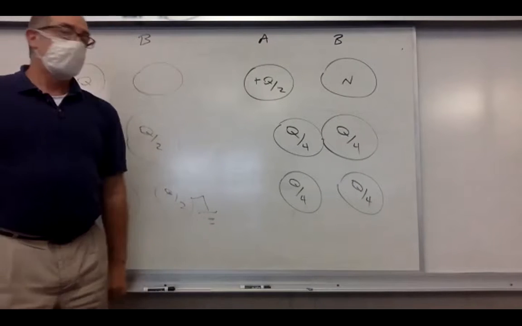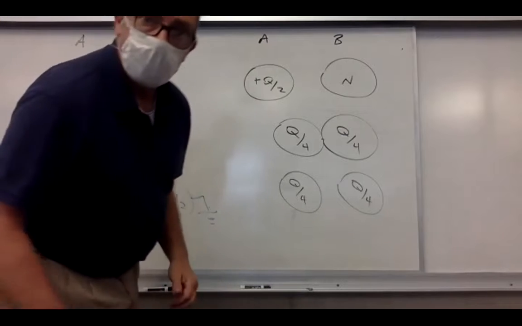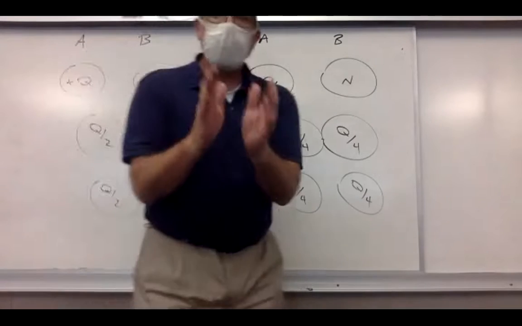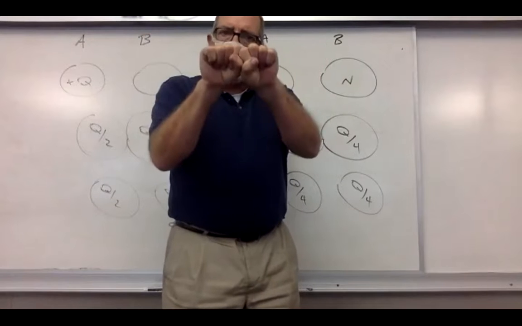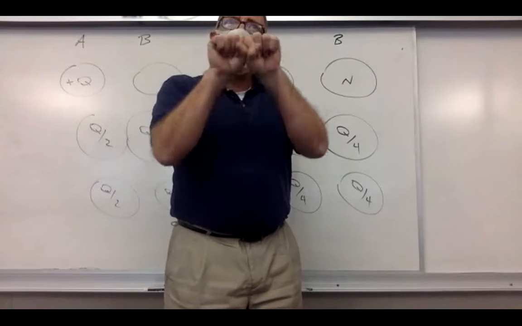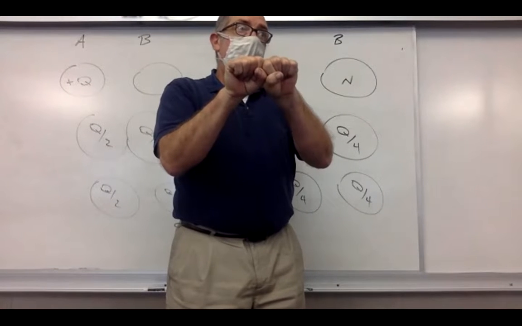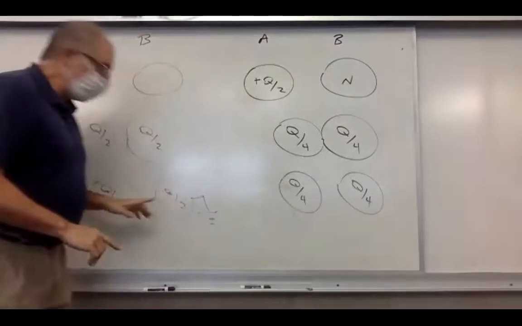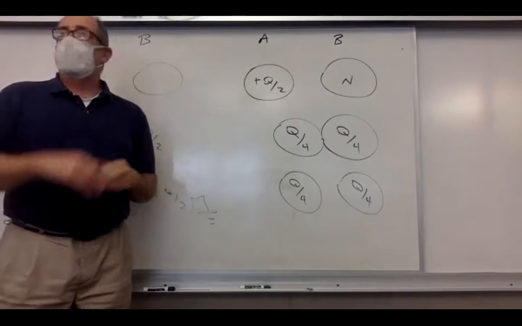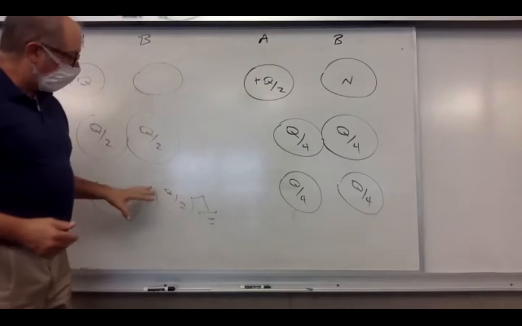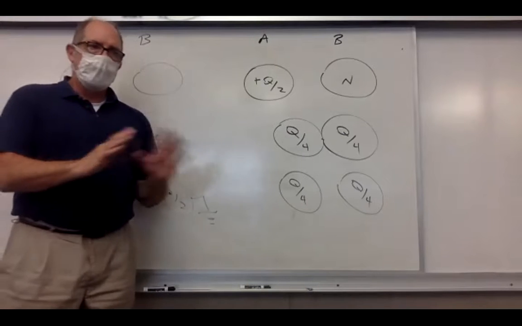Makes sense at home? All right. So when I ask you a question like this, think two things. If you touch them, then they share charge equally. And if at any time you ground it by touching it or connecting it to the earth, then all the excess charge on that object is taken off.